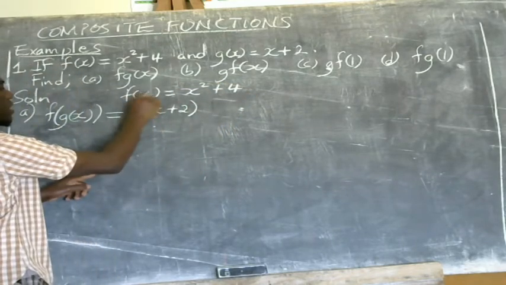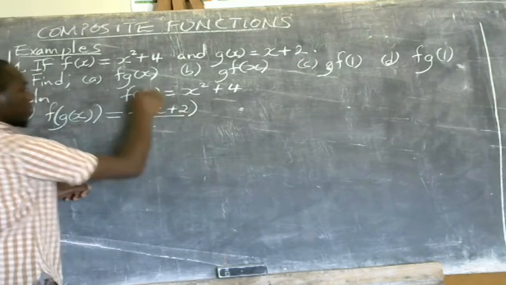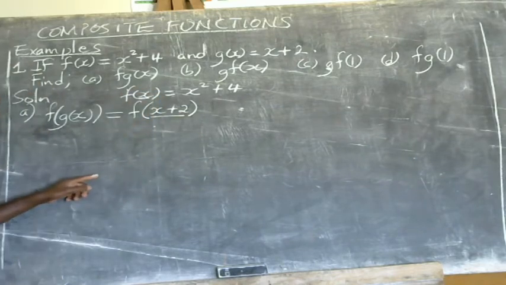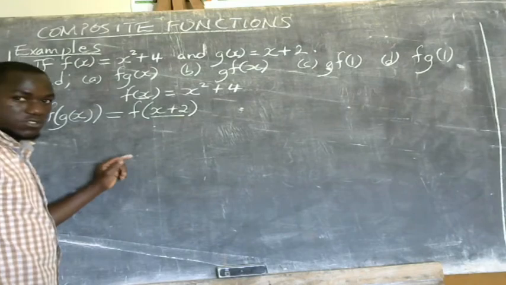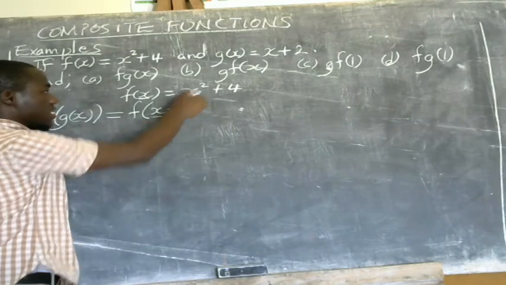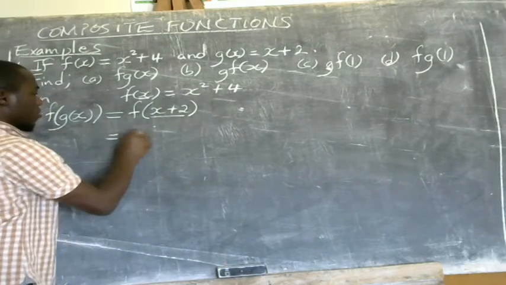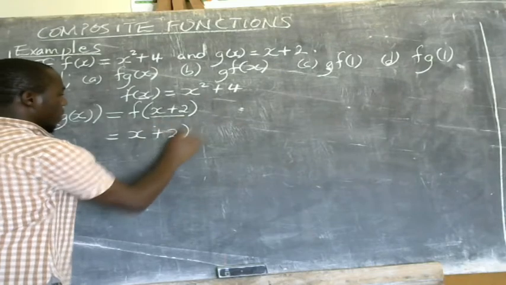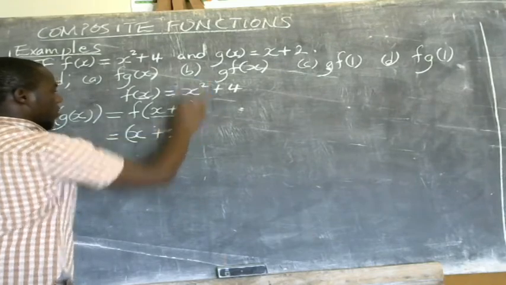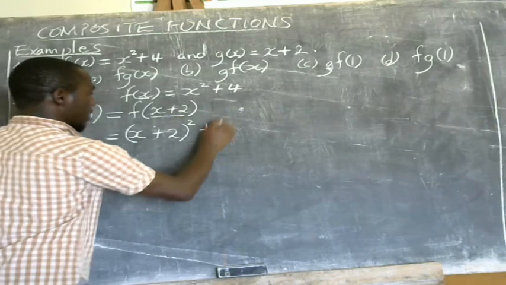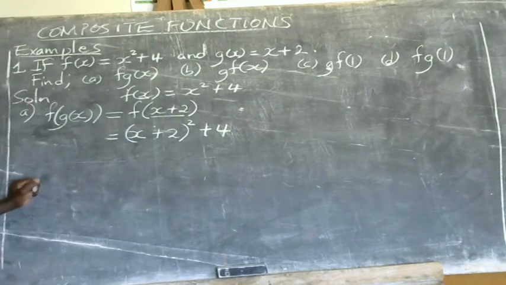Now what is here is the x plus 2, it is no longer the x. This is what I was saying, it's all about substitution. So this is going to be x plus 2, squared, and then there is also an addition of 4.